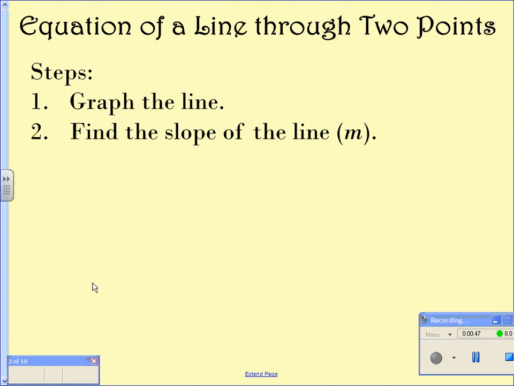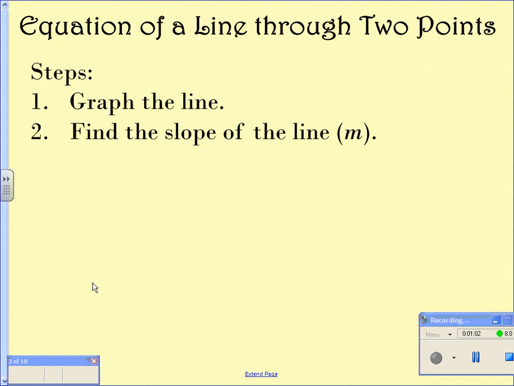Then you're going to figure out your slope. Do you know how to find slope from something that's graphed? So if you have a line that's on a graph, how do you find the slope?